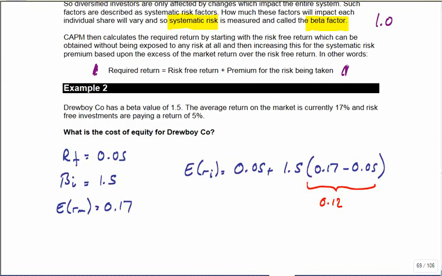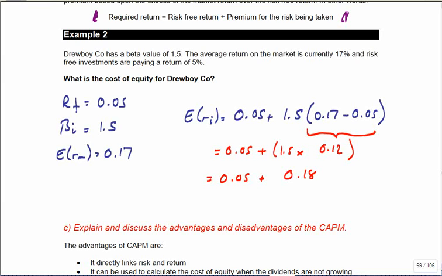You then multiply that by the 1.5 next. So what you've now got is 0.05 plus, in effect, 1.5 times 0.12. So that's 0.05 plus 0.18, and so that comes out at 0.23, or, if you prefer, 23%.